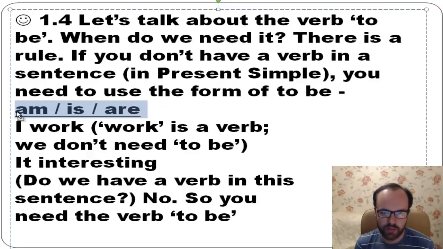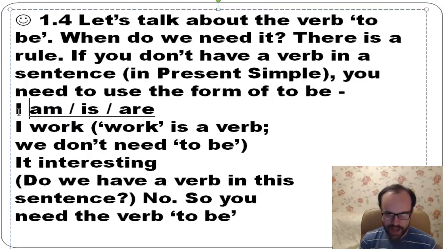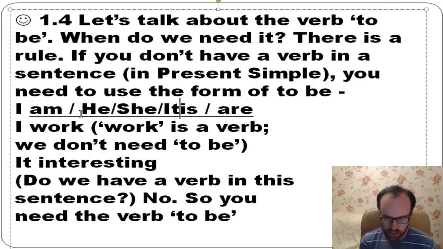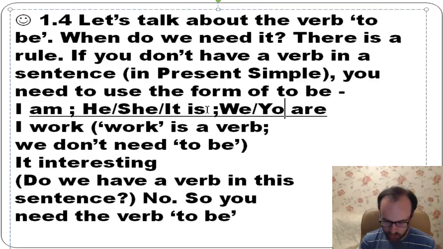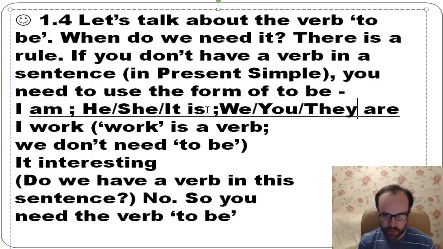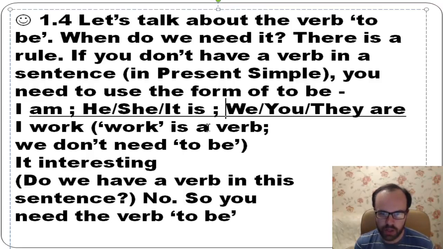So you know that I am, he, she, it is, and we, you, they are.